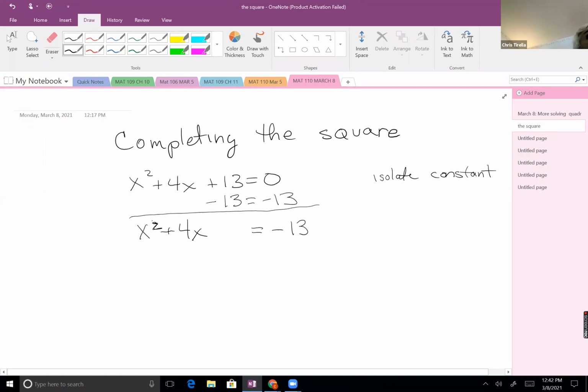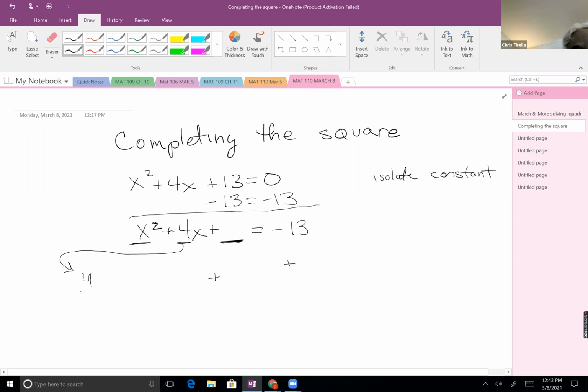And then, if you recall on Friday, we said the next thing we wanted to do was to find what number had to go in that place, what would we have to add? And we're going to add the same thing to both sides to make that a perfect square trinomial. In order to do that, remember we said that we wanted the x squared to have a coefficient of 1, which we have. And once the x squared has a coefficient of 1, we're going to take the coefficient on our first degree term, the number attached to our plain old x.